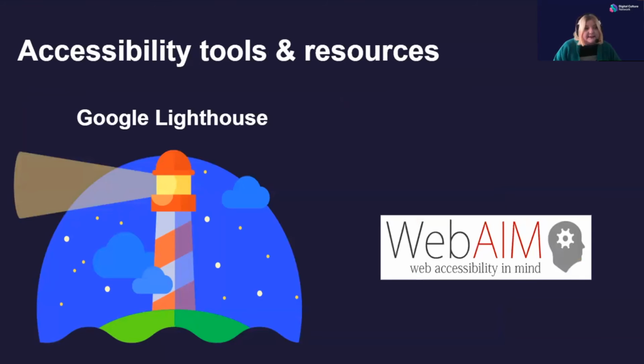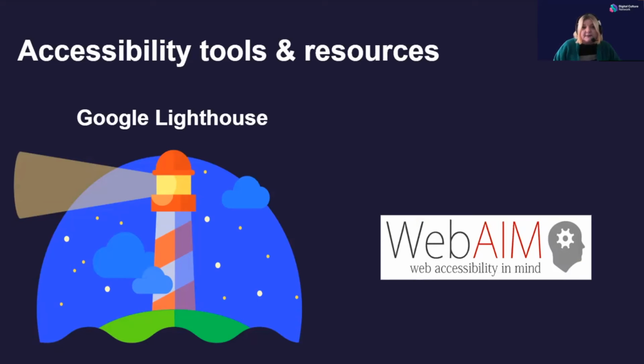And I wanted to highlight these two tools that I use. They're both tools that I use to audit websites for accessibility. There's Google Lighthouse, and it's a great little tool by Google that checks your site and gives you a list of things that you might want to look at, how to fix them, and that type of thing. And there's a Chrome extension that's free, and I'll send out a link for this too.